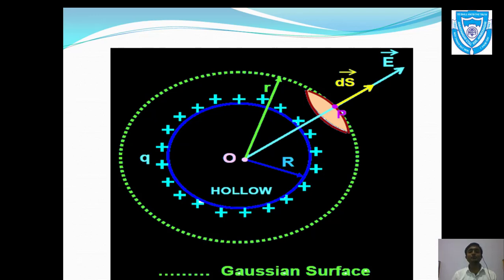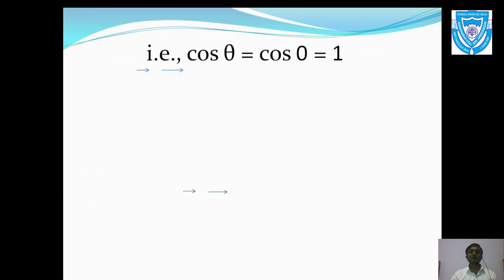Therefore, it is perpendicular to the Gaussian surface as well as perpendicular to area ds. By this, what can we say? The angle between the area vector ds and E bar is 0. Therefore, cos of theta, what is theta? The angle between the electric field and area vector, which is 0, and cos of 0 is 1.